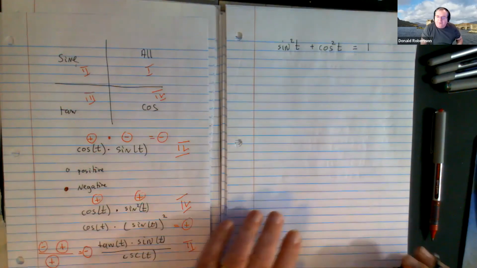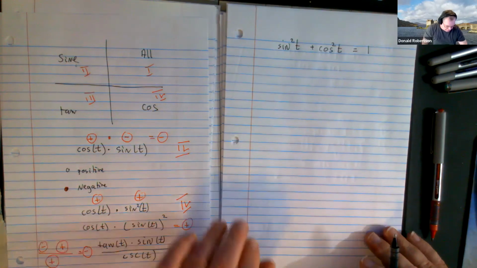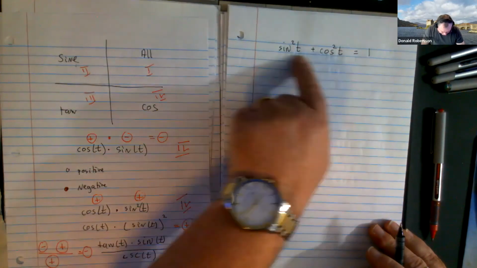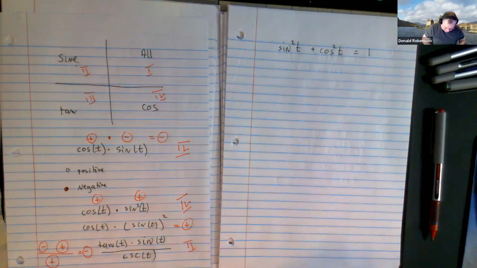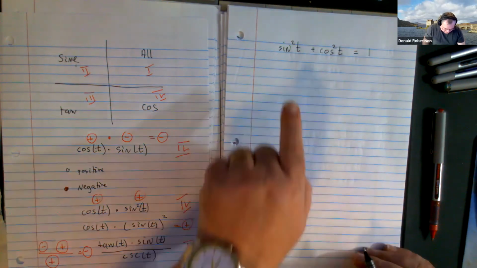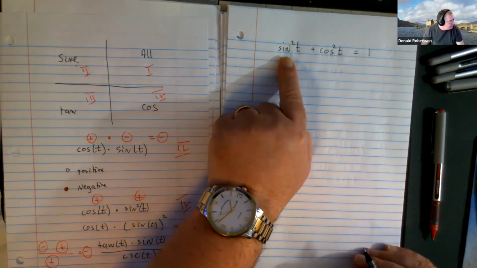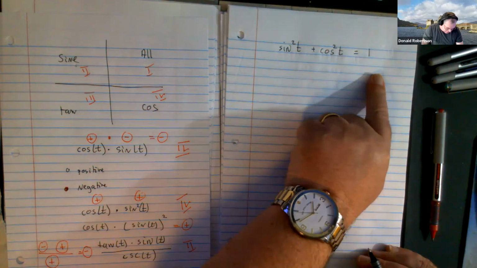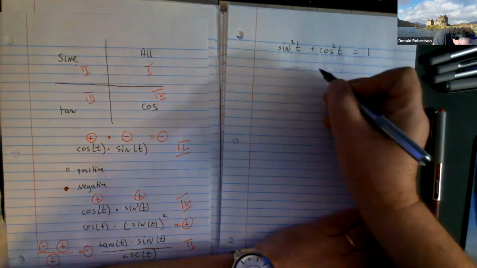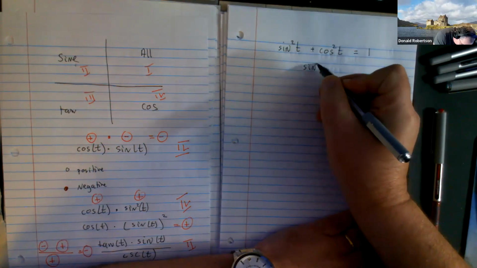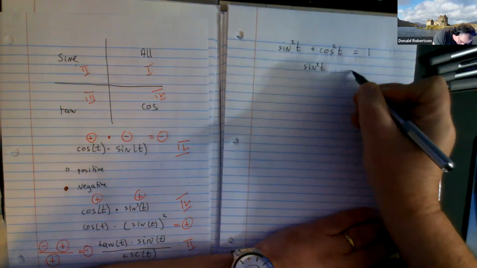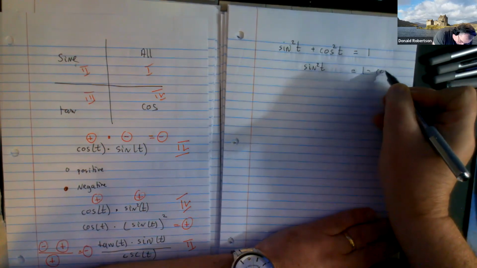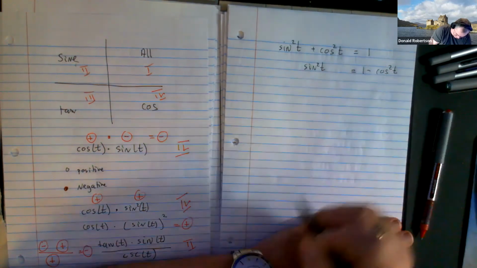Right, let's return here. Now, what we're going to do is we're going to rearrange this formula twice. One of them is to rewrite the sine of t in terms of cosine, and the other's the other way around. So if you take cos squared and subtract it from both sides, you get that.